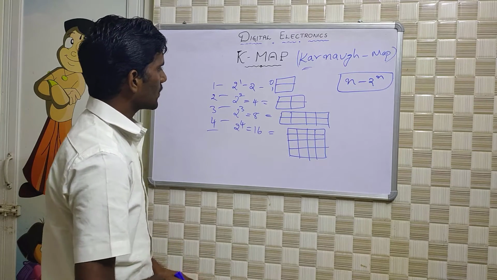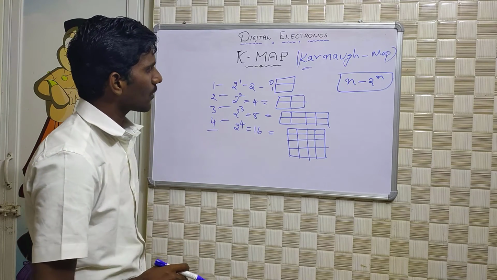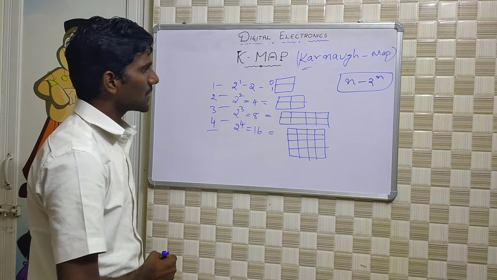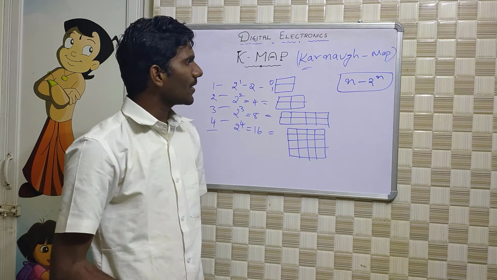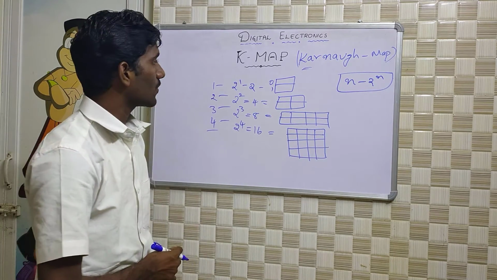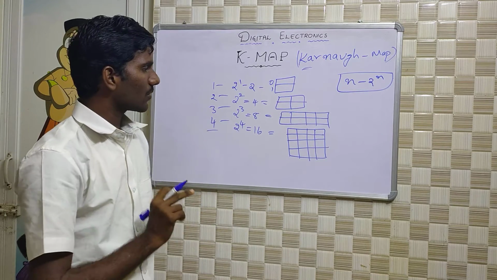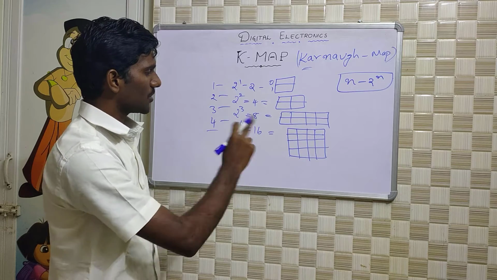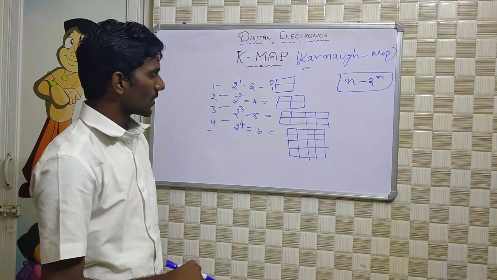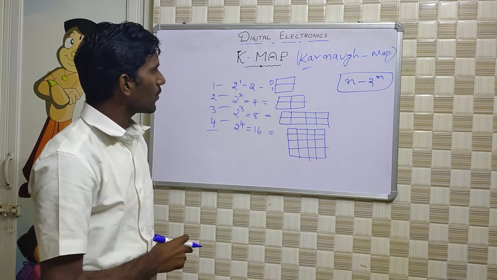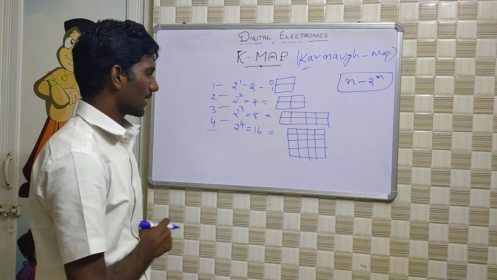The code used in this K-map technique is gray code. We already discussed gray code in the different types of codes. Since gray code is a minimum error code, only one bit will be changed from its previous state, so we are using gray code in the Karnaugh map technique.